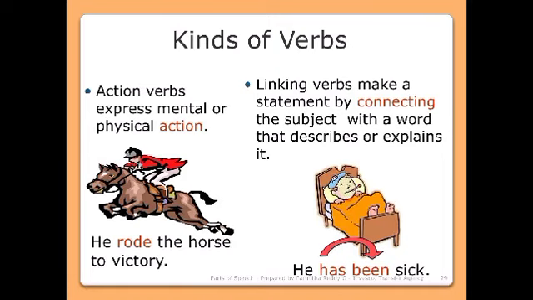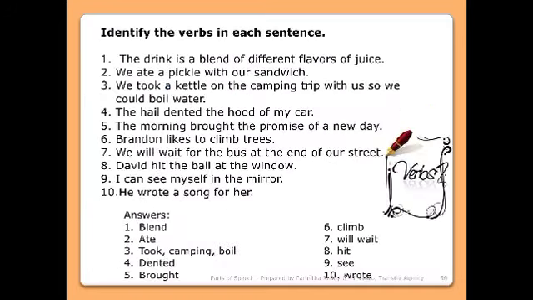But the linking verb, which we also call the helping verb, such as has been: is, am, was, were, have, has, had, be, been. These are all kinds of linking verbs, or we also call them helping verbs in our language.